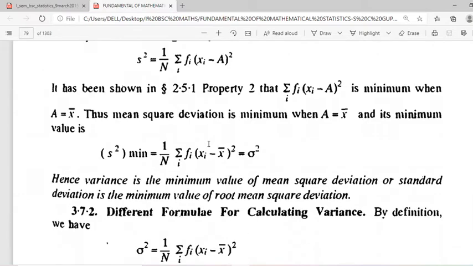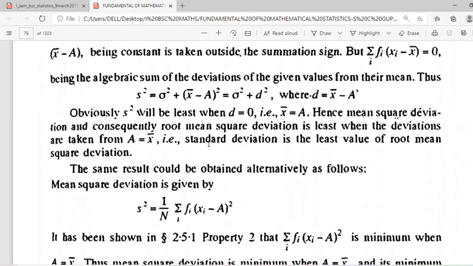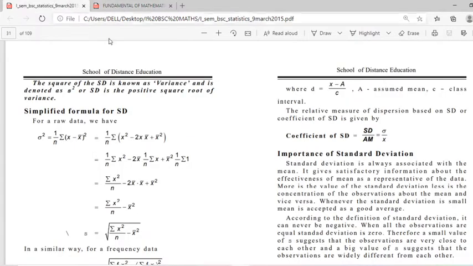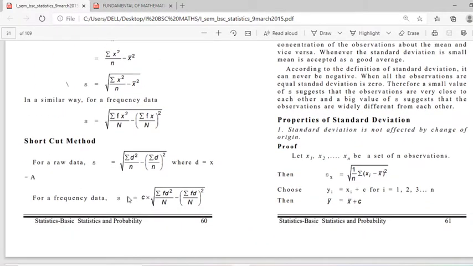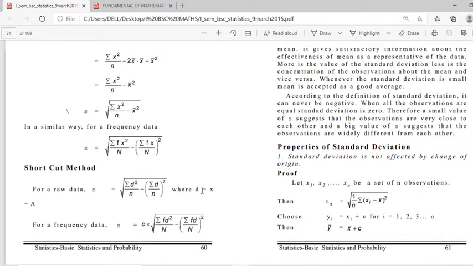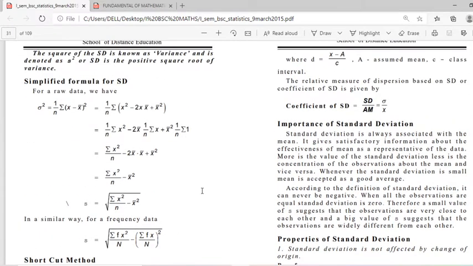Okay, let us come to the proof later. The second formula is for the frequency data. S is equal to c into the root of summation f dA square by n minus summation f dA by n, all square, where d equals x minus a by c.